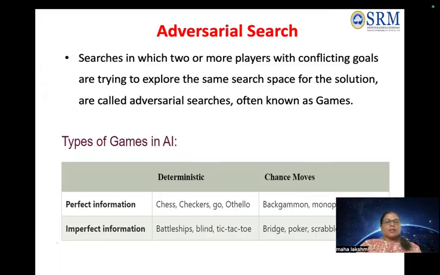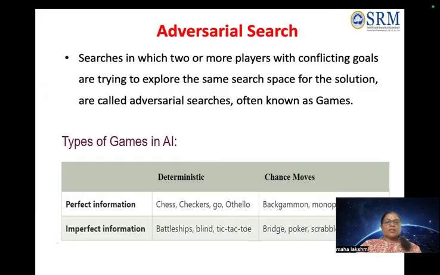Types of games in AI are perfect information, imperfect information. With respect to that, they will be having deterministic and chance moves. So if it is deterministic and perfect information, examples are chess, checkers, Go, Othello, and chance moves with perfect information, Backgammon, and then deterministic imperfect information will be battleships, blind tic-tac-toe.